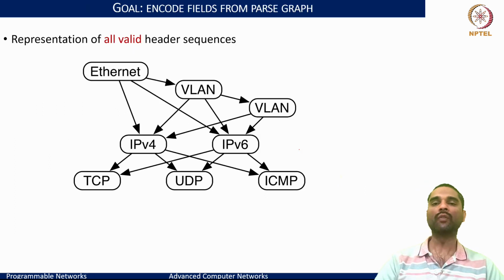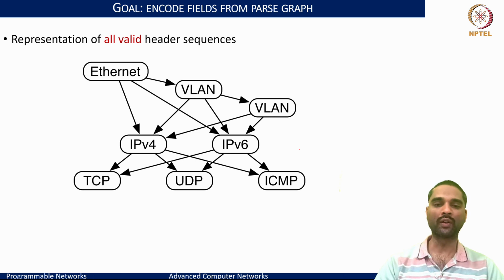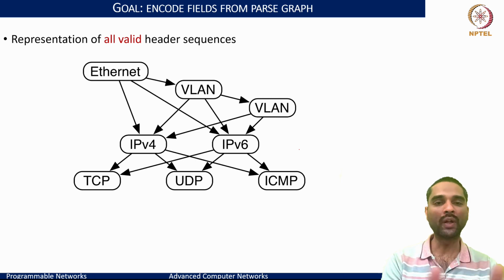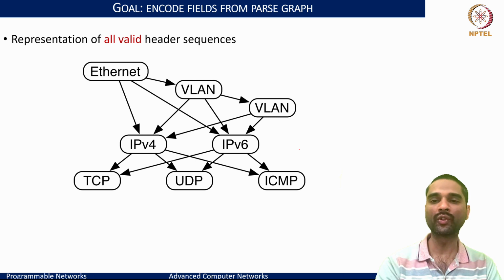And here, if we say we have a parse graph and this looks like a big mesh, what it really says is we have a bunch of valid header sequences. One of the sequences is basically Ethernet followed by IPv4 followed by TCP.